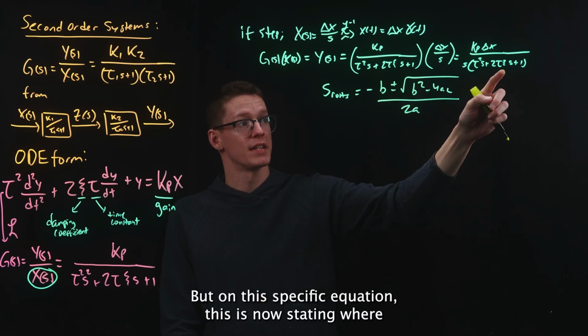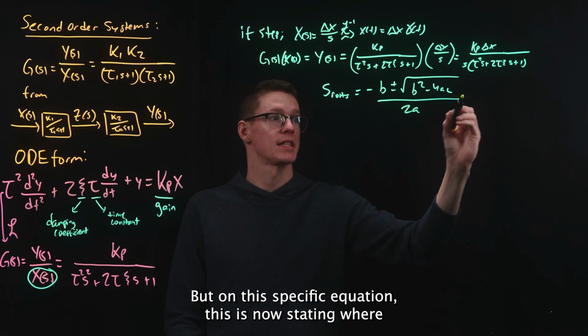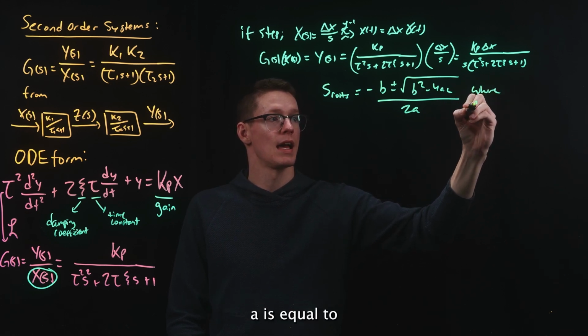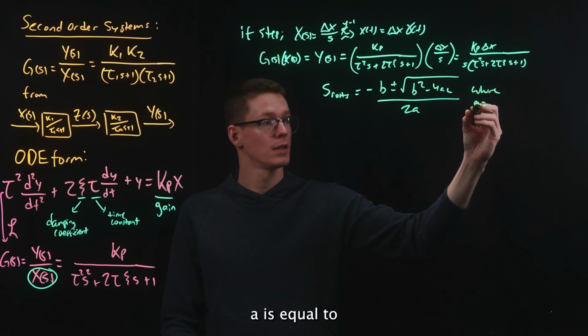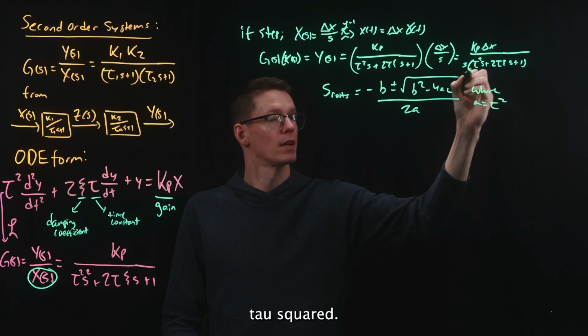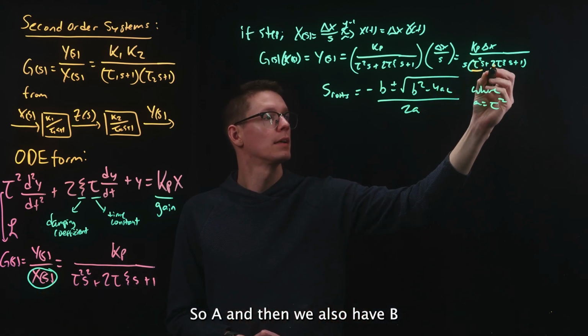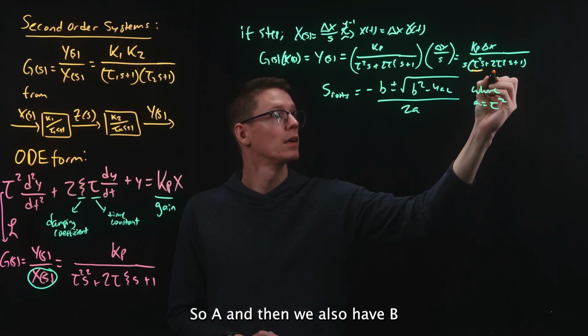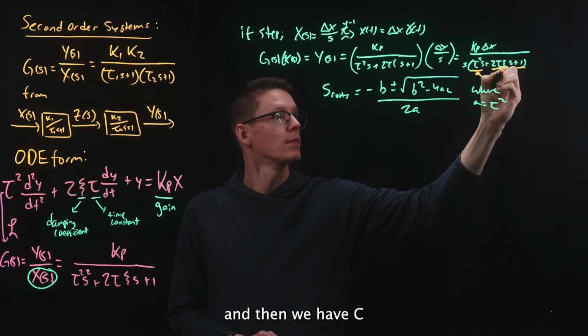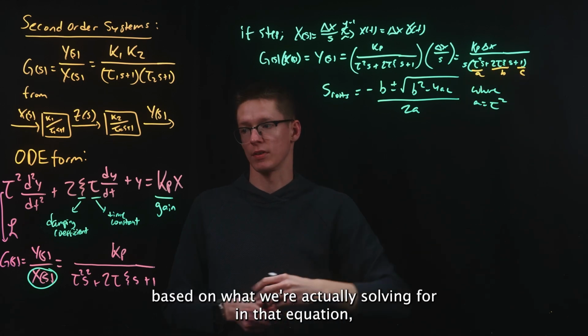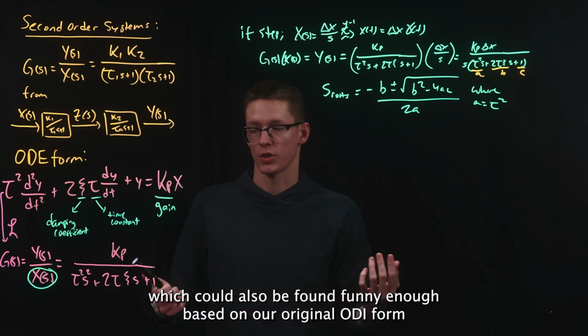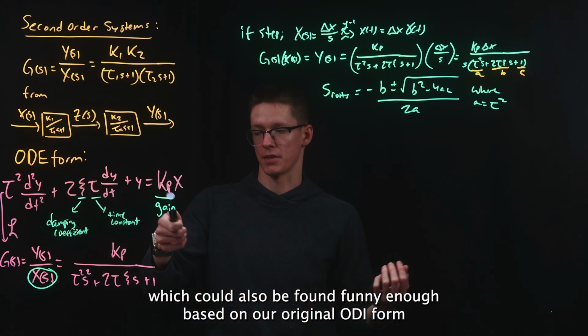But on this specific equation, a is equal to tau squared, and then we also have b and c, based on what we're actually solving for in that equation, which could also be found, funny enough, from our original ODE form.